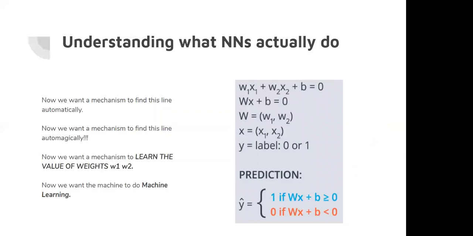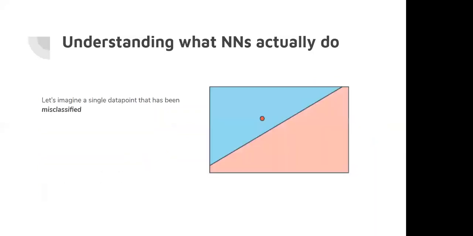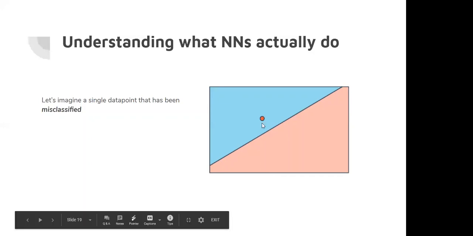So how do we do this? Now we are going to get into a little bit more maths. Let's imagine a single misclassified point, and let's say this is your decision boundary, the line that you drew. My question is, what should happen if you want to perfectly classify this point?